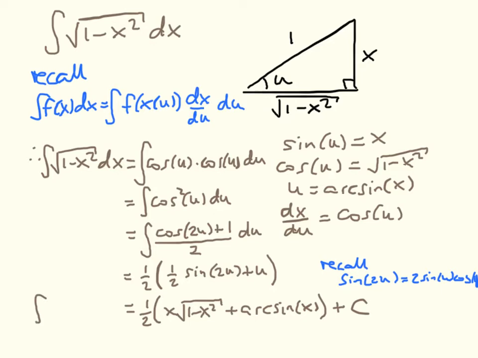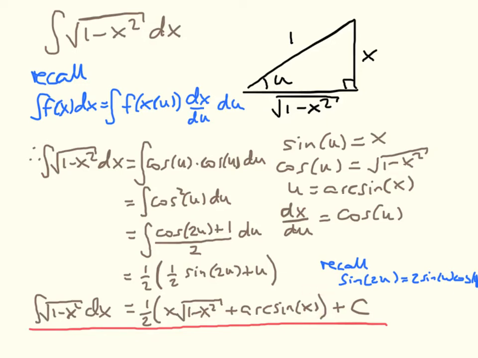So what we see is that the integral of the square root of 1 minus x squared with respect to x can be rewritten in this way as a half times x times the square root of 1 minus x squared plus arcsine of x, close brackets.